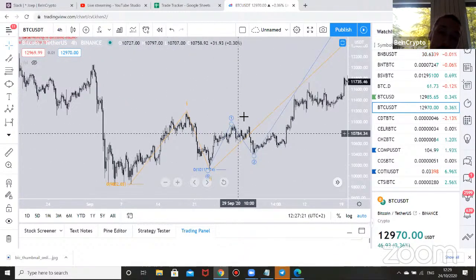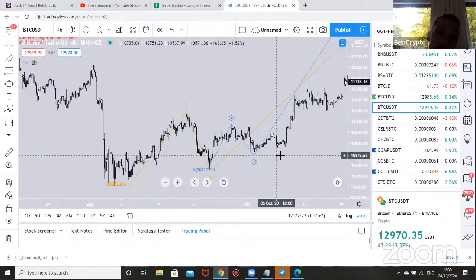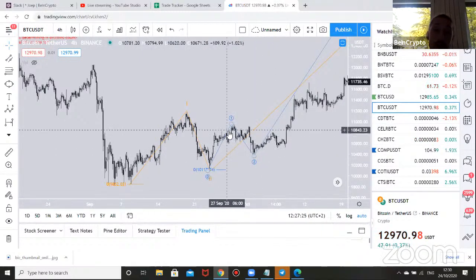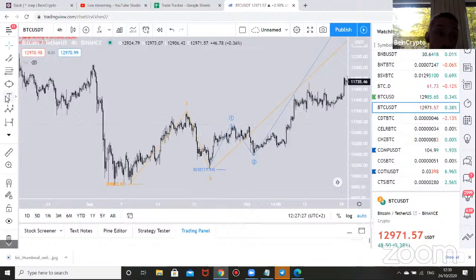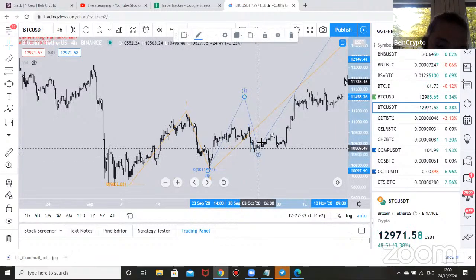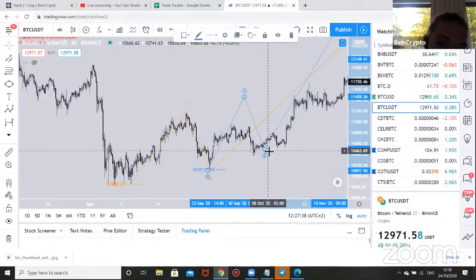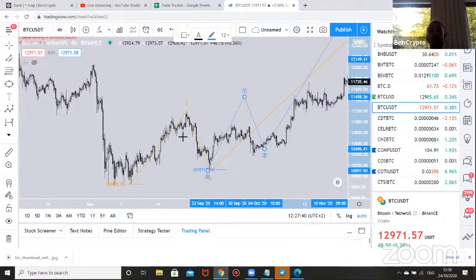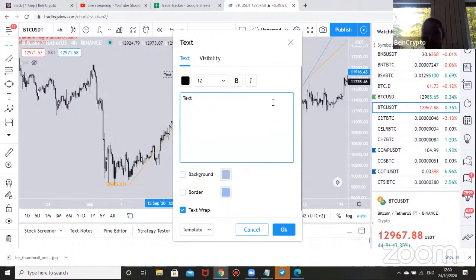So yeah, this is similar to the 1-2-1-2 formation I discussed prior, but it's not actually a 1-2-1-2 wave count, because in a 1-2-1-2 wave count, the second one has to go above the top of the first one, and then the second wave has to decrease inside the territory of the longer term wave one.